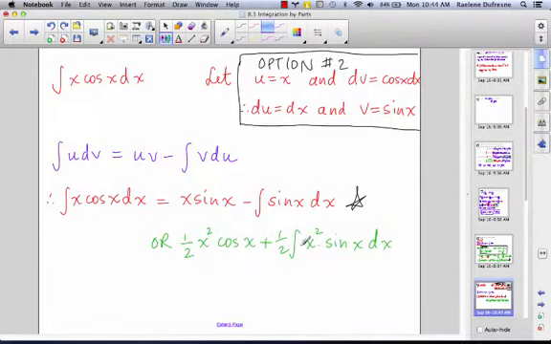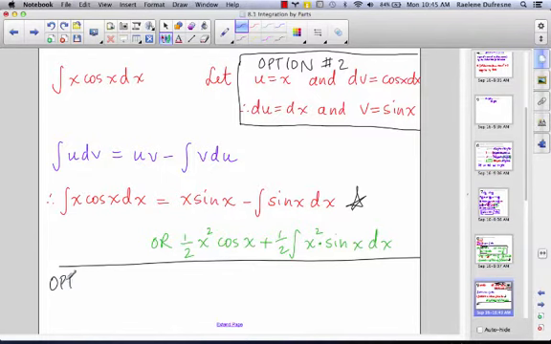Which of the 2 possibilities, option 1 in green or option 2 in red, looks like we can complete it? Well, because we still in green have a product, we would have to do another integration by parts to be able to hopefully simplify. The red option is more direct then, so we were going to go with option number 2. This is the more direct route for setting up u and dv to get something that we can integrate. So we choose option 2.